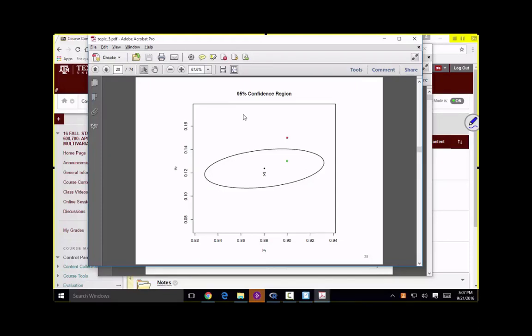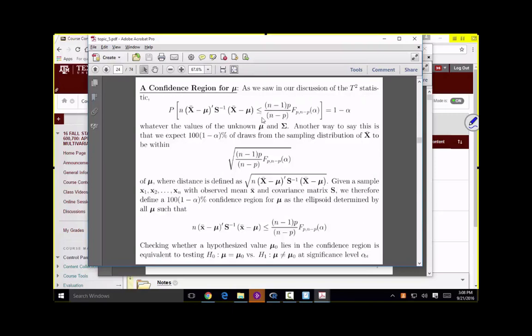The actual length, where we could make that ellipse be however big or small as we want, all we do is expand about those eigenvectors. The way we chose this particular distance from x bar to draw the ellipse is using this relationship. We know the distribution of this thing is a scaled f.